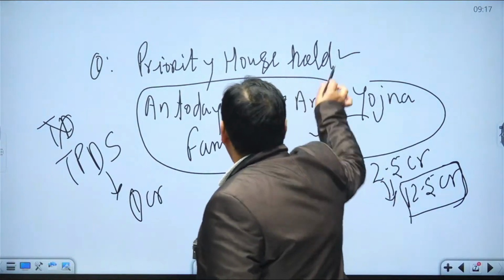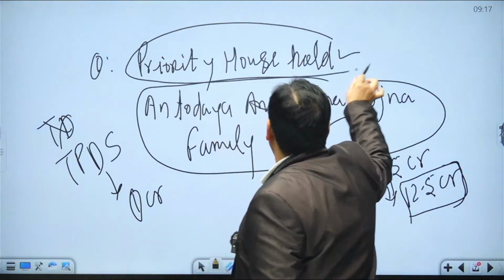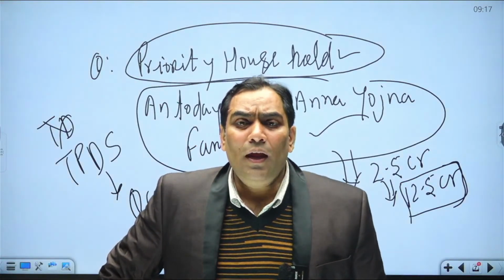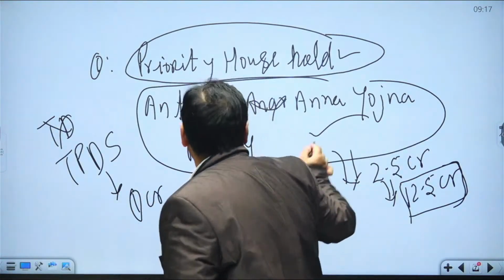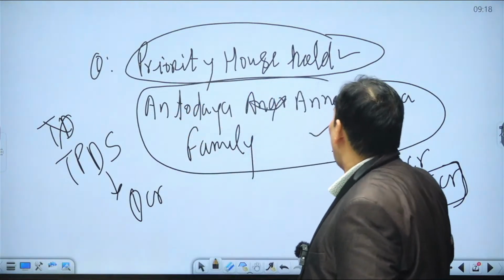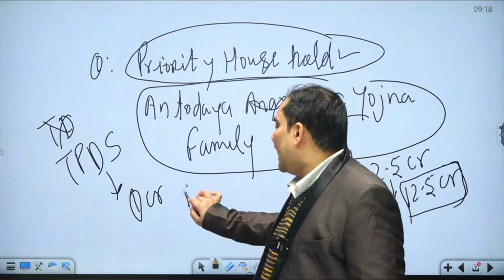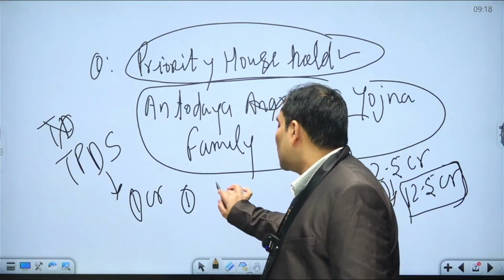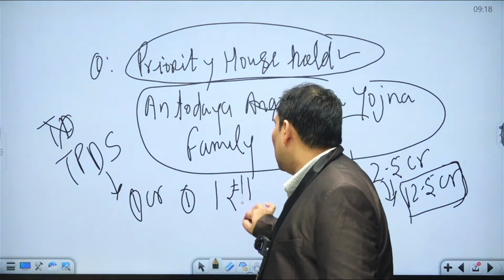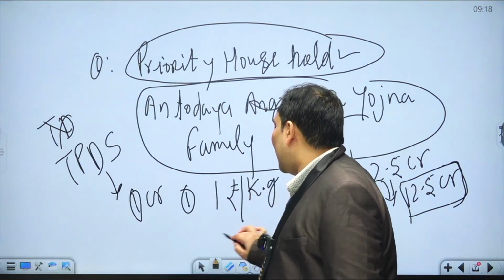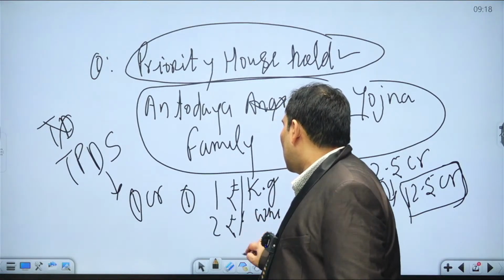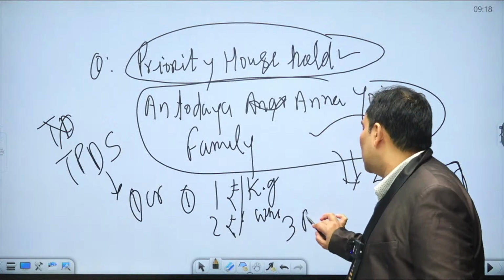And the other division was priority households. Both were entitled, be it priority households or Antyodaya Anna Yojana families, to get coarse cereals at the rate of 1 rupee per kg, wheat at 2 rupees per kg, and rice at 3 rupees per kg.